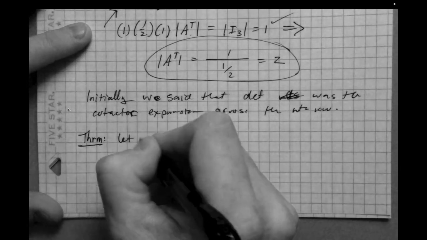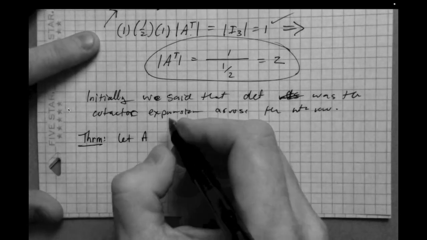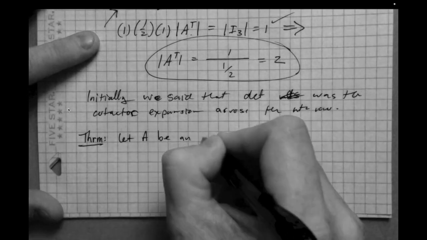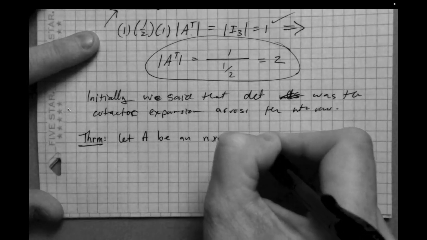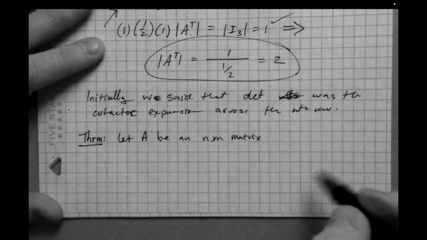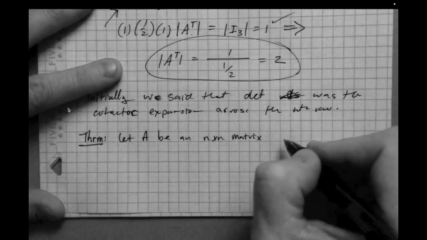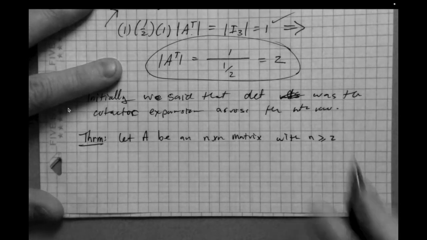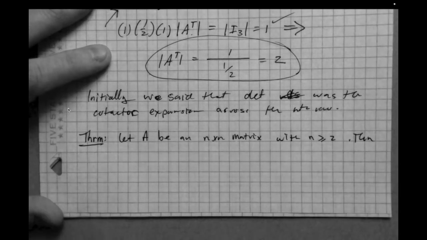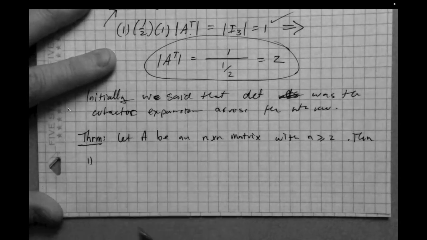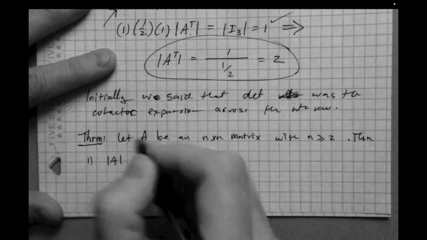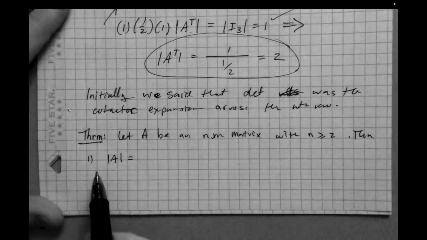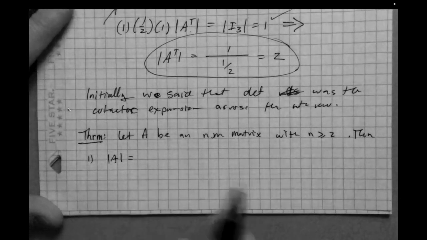So let's let A be an n by n matrix, with n greater than or equal to 2. Then, 2 things. First, the determinant can be calculated by doing a cofactor expansion across any row.